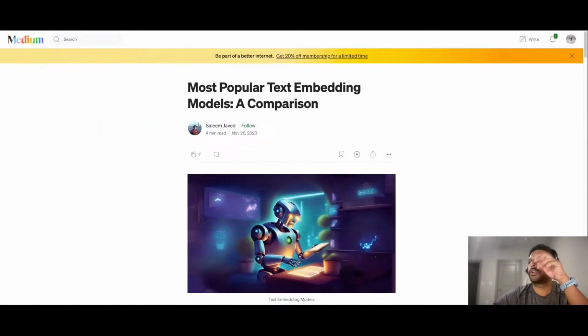Before going to BERT, BERT being the last one, I thought of doing a quick study on a comparison between the text embedding models.